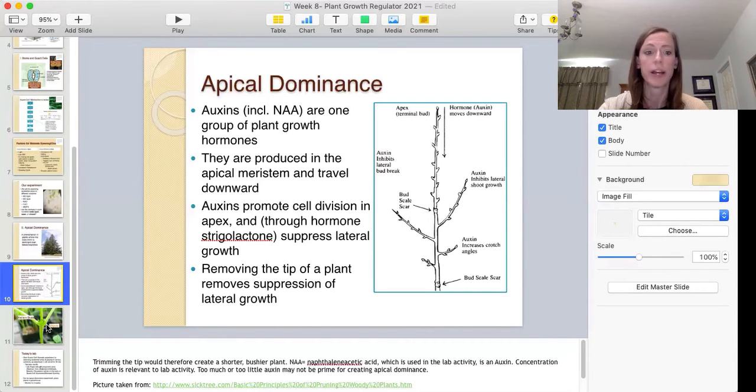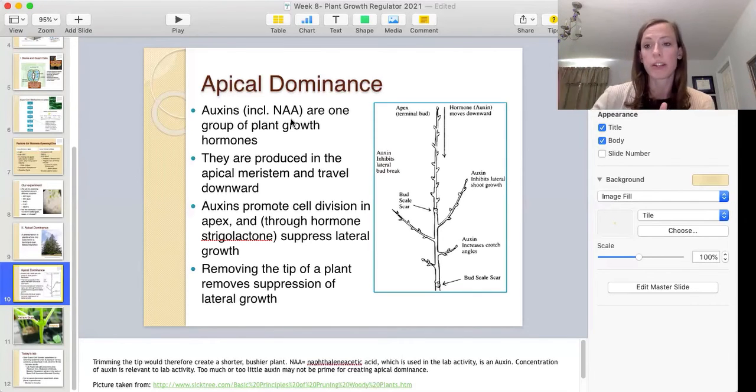We're going to set up a number of conditions where we have a control, and then we're going to have a stem removed and coated. You're going to coat the cut end with lanolin. Lanolin is a protective agent. And sometimes we're going to include with that lanolin various concentrations of our auxin, naphthalene acetic acid.